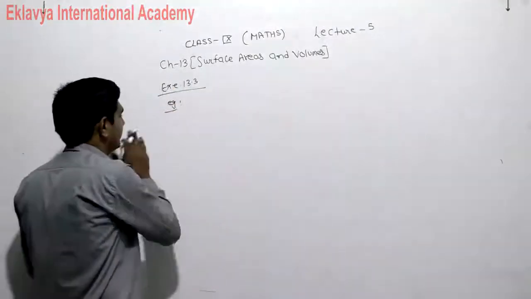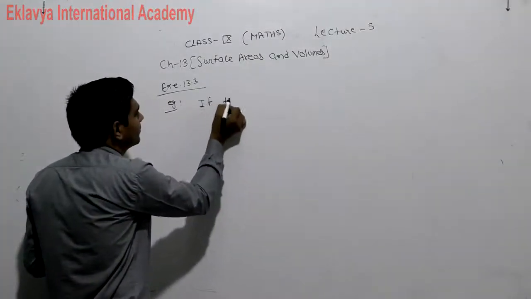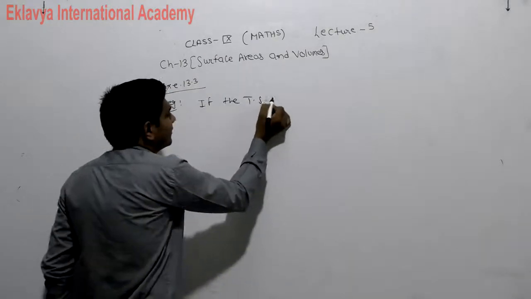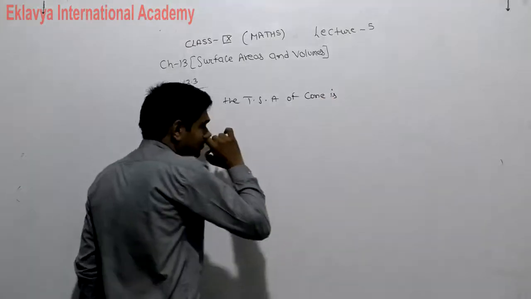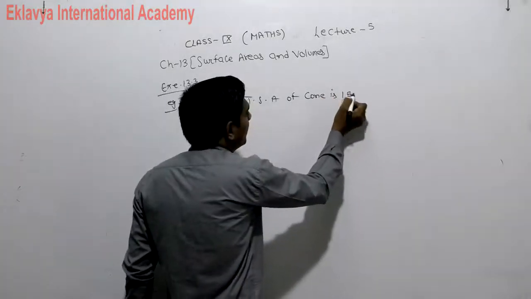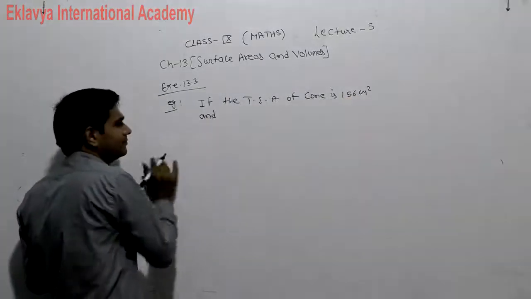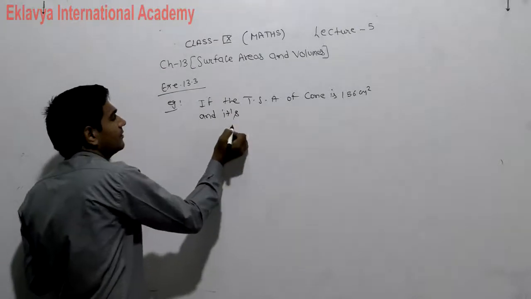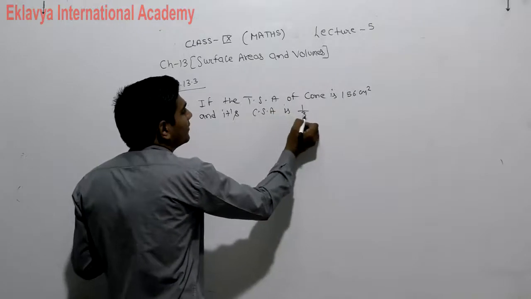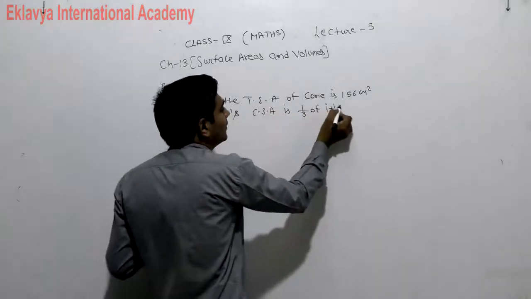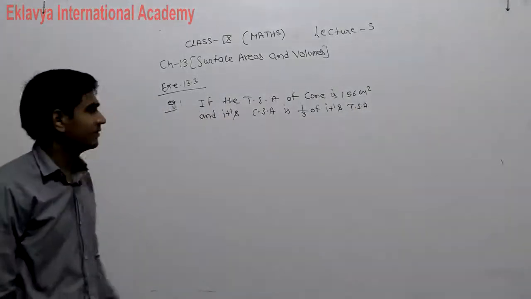So the first question is: if the TSA of a cone is 156 centimeter square and its CSA is 1/3 of its TSA, what is given to you here, students?